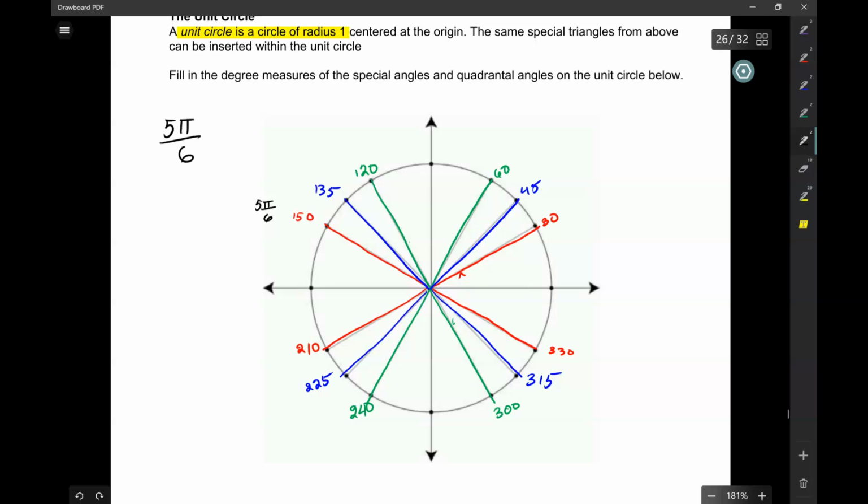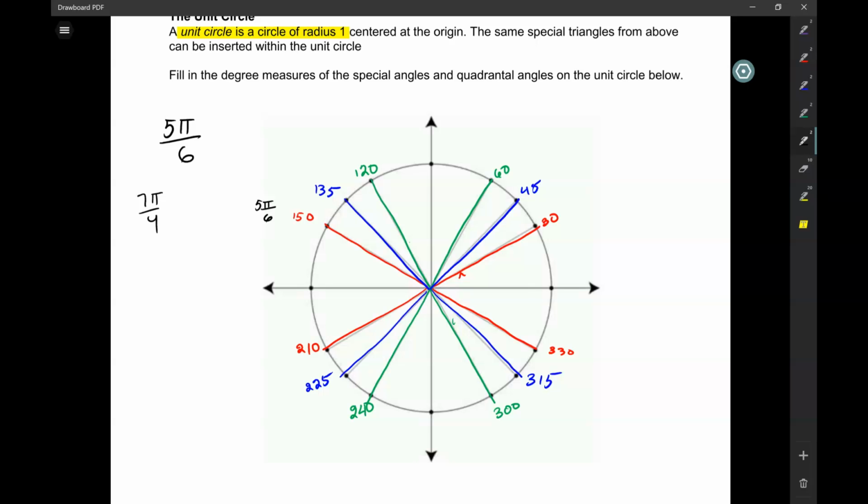All right, so what if now we have 7 pi over 4? The pi over 4s are which color? Here, blue. So where is 7 pi over 4 going to go? This is 1 pi over 4.